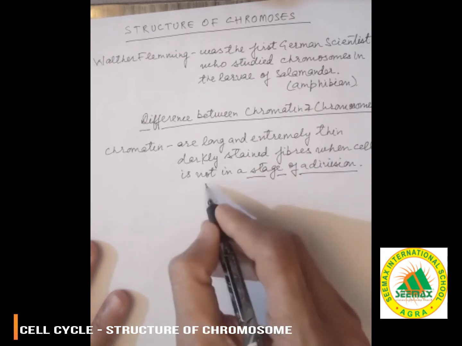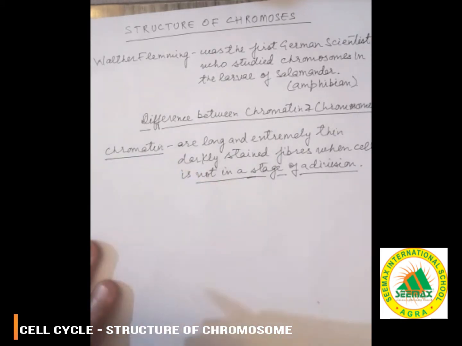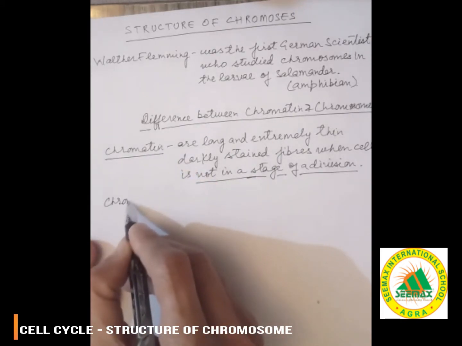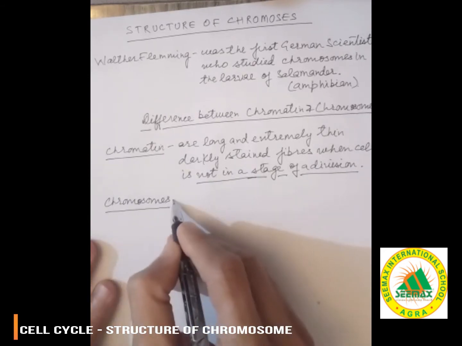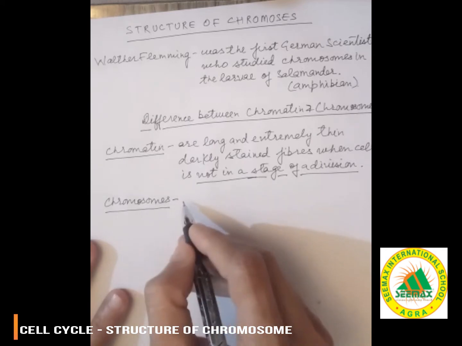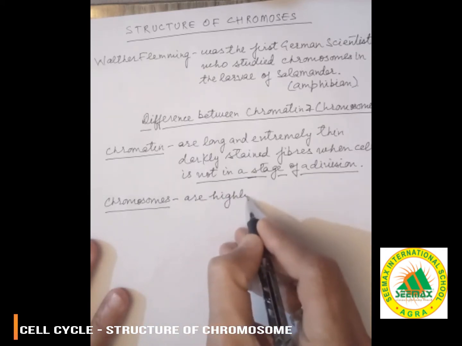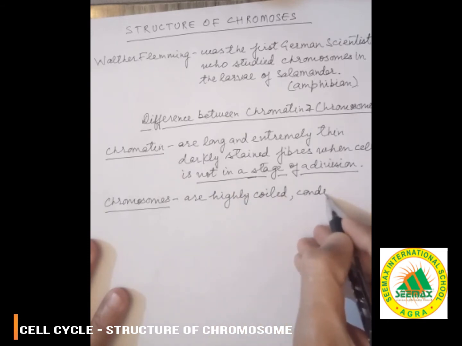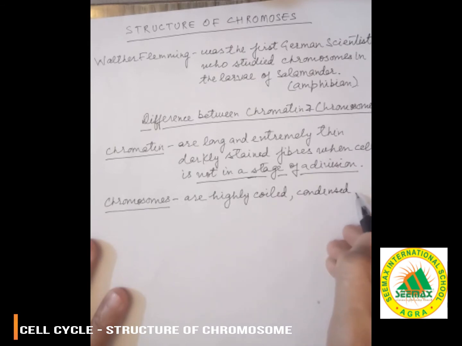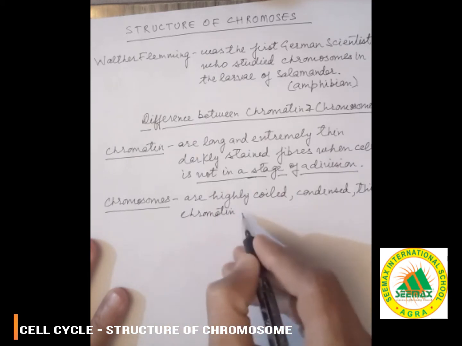At that time it is called chromatin, whereas we call it chromosomes when they are highly coiled, condensed, thick chromatin fibers.